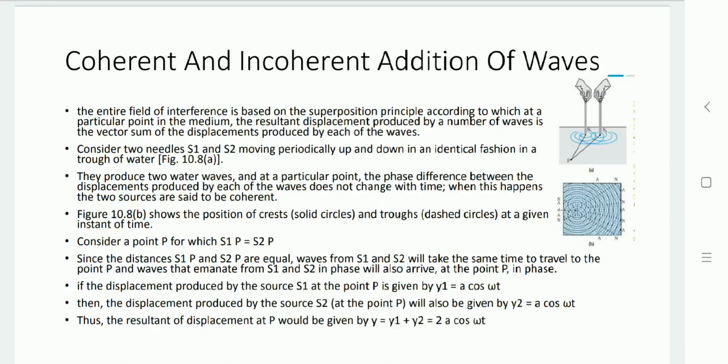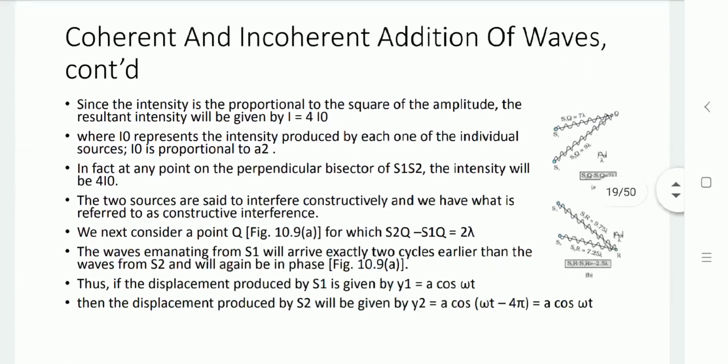So the total displacement at point P is the addition of both, y1 plus y2, equal to 2A cos omega t. Now the intensity is proportional to the square of the amplitude.